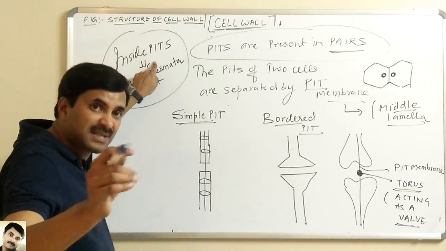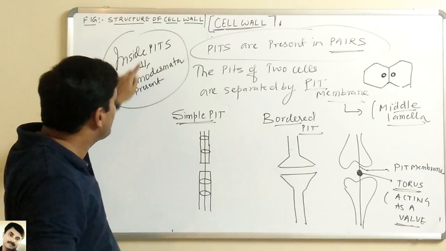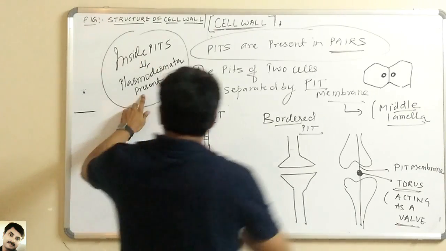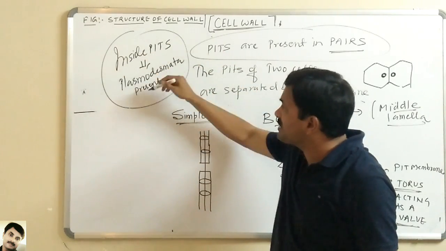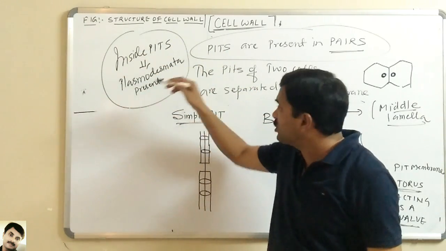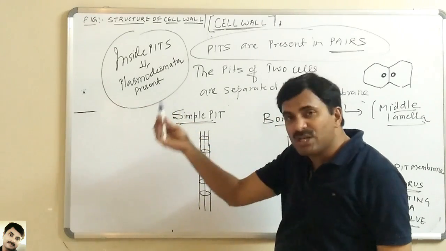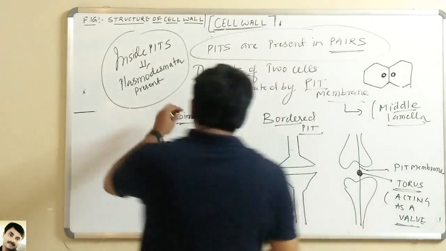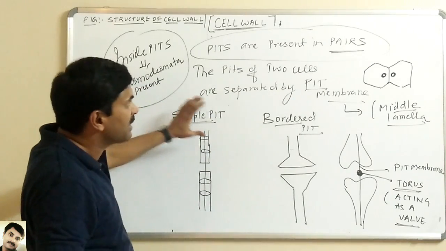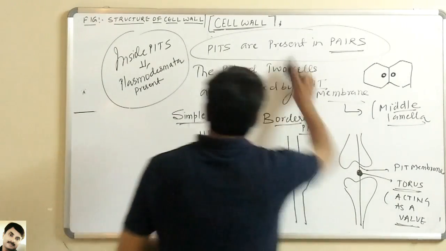The two cells exchange their cytoplasm just because of these plasmodesmata. So this was about the simple pit and the bordered pits.